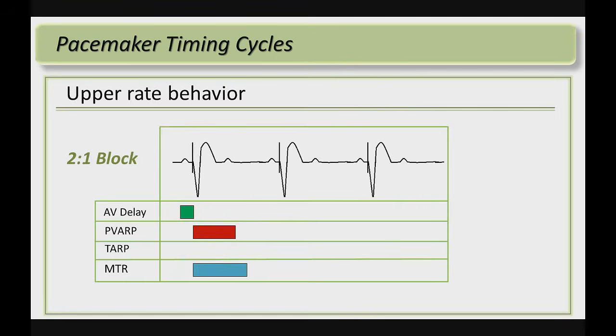Now after the sensed P wave, the pacemaker is also running the TARP timer, which again stands for total atrial refractory period and is nothing more than the AV delay plus the P-VARP. If we were to move the P-VARP or the TARP timer up onto the rhythm strip, we can see that the second P wave lands before the TARP timer expires.